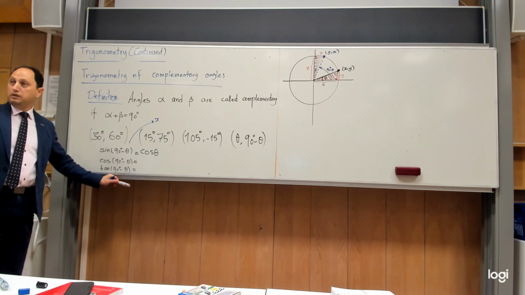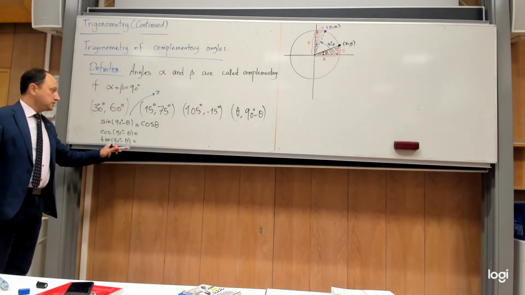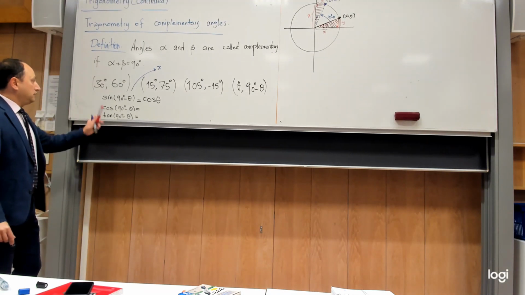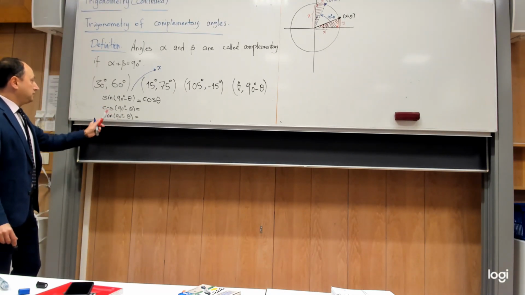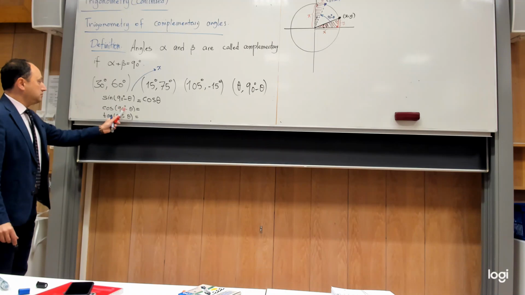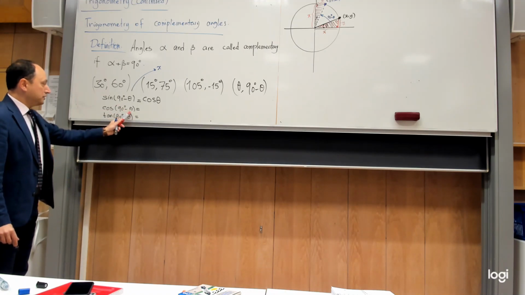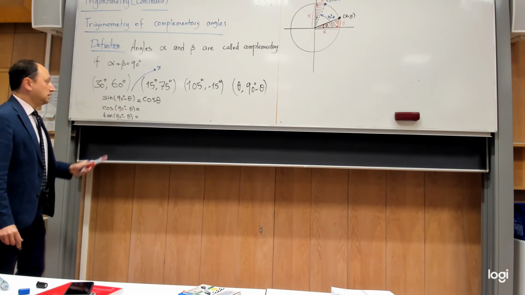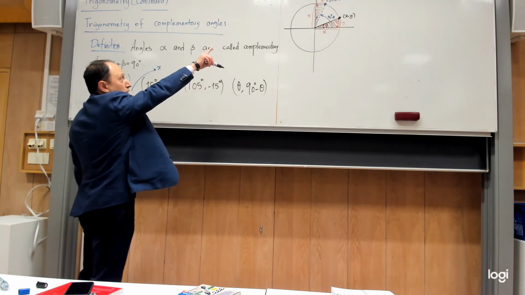Yes, it's an extremely important rule. If you haven't understood, let me repeat it here. If I ask you what is cosine of 90 minus theta, you need to go and find the end point corresponding to 90 minus theta and read its x coordinate. 90 minus theta, the point is the blue point.